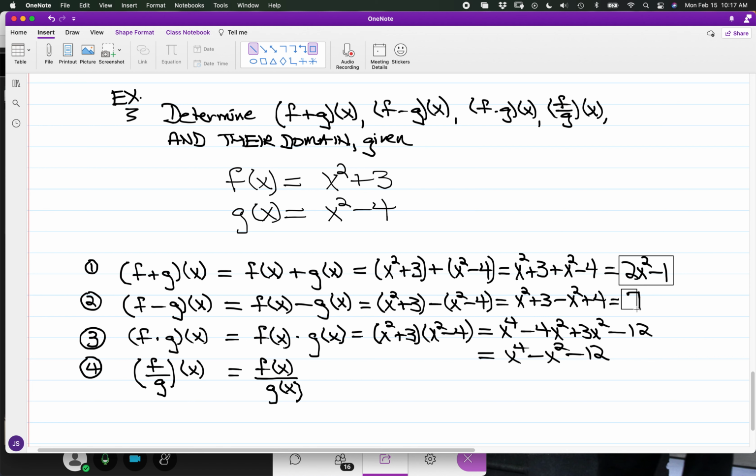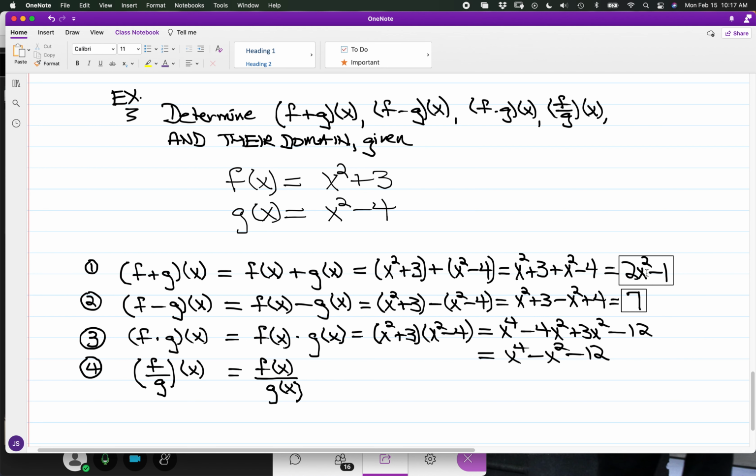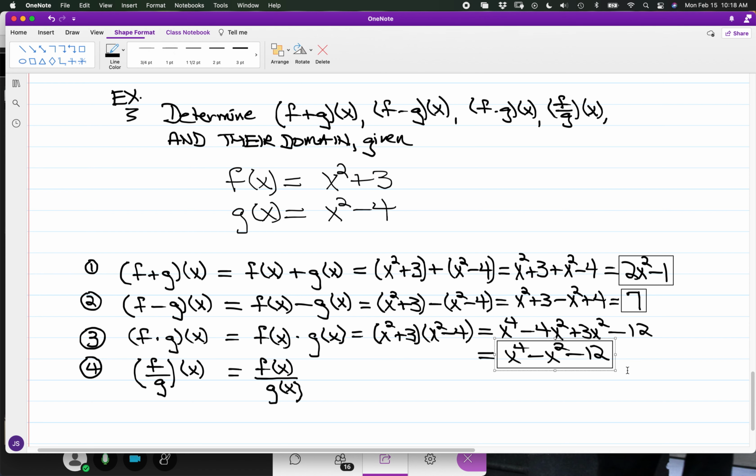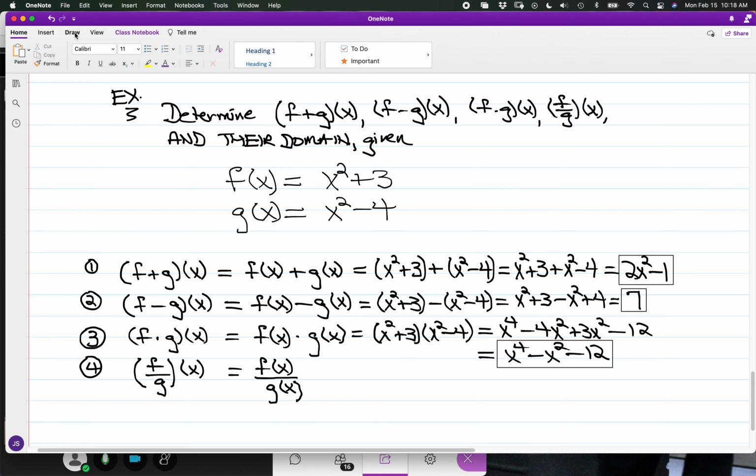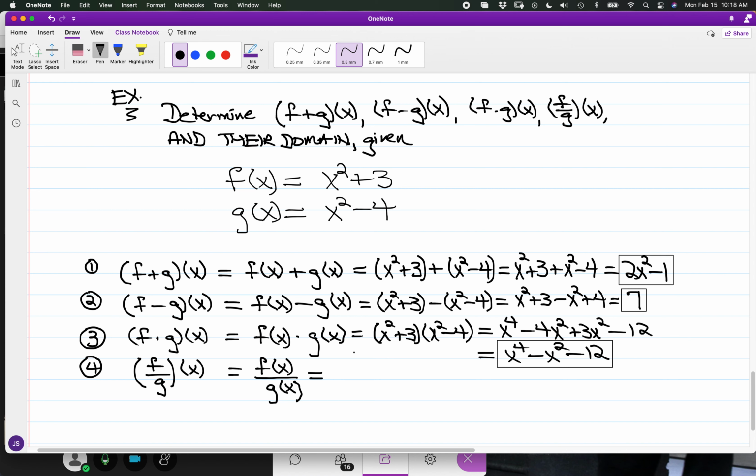Okay, so this is what we have so far. You have the sum of functions, a binomial, 2x squared minus 1. The difference of functions results in just a number, the constant 7. And for the product of f of x and g of x, we have a 4th order trinomial. As for the quotient function, we have f of x over g of x, and this will translate out to x squared plus 3 all over x squared minus 4.